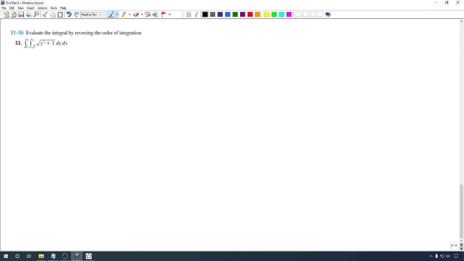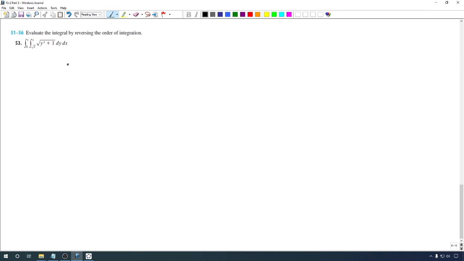So this would be an absolute pain to try to do directly. In fact, I would say it's pretty much flat out impossible to do directly as it is written. But what they're asking for is that if we change the order of integration, if we figure out a way to do dx dy instead of dy dx, then this will be a lot easier. And it'll actually be possible to do.